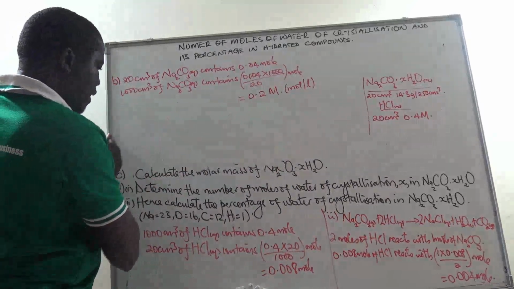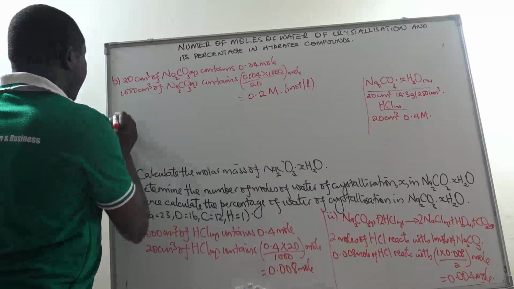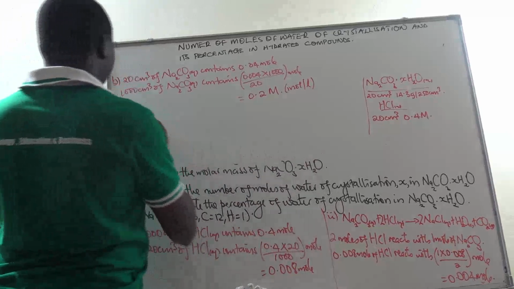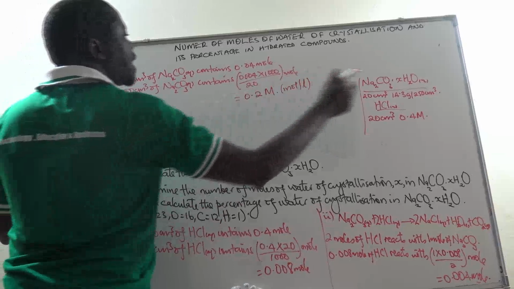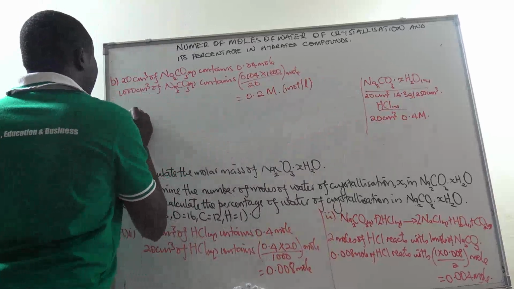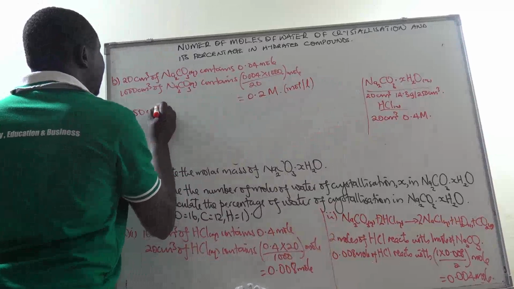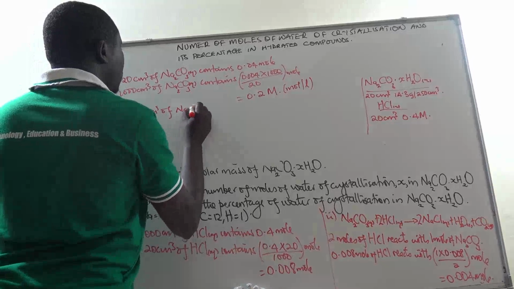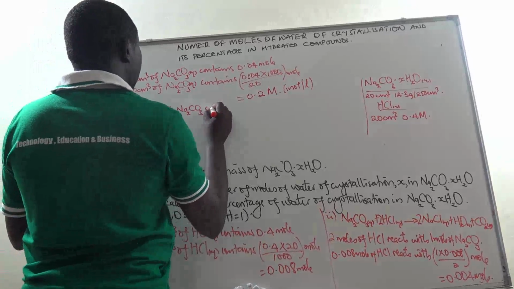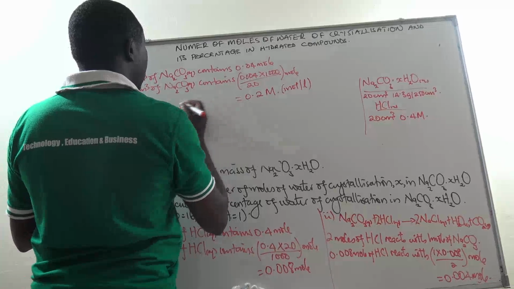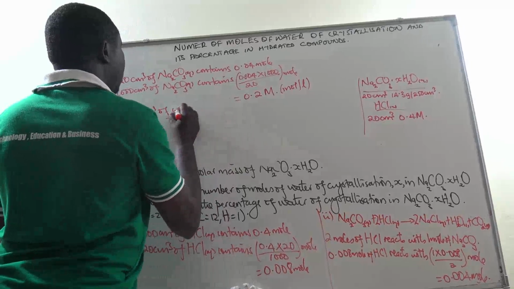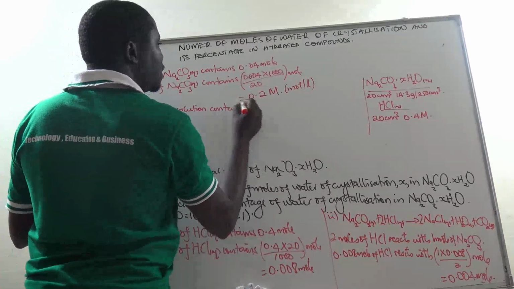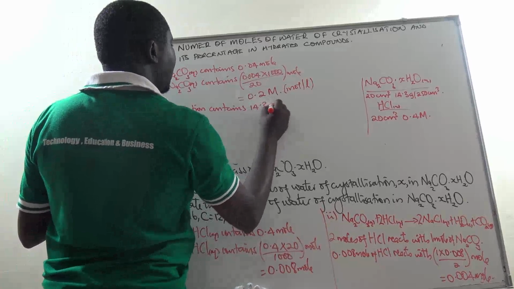And that is in our part, it is in part C. Calculate the molar mass of sodium carbonate x water. So in part C, let us change that mass in 250 cubic centimeters to the mass in 1,000 cubic centimeters by saying 250 cubic centimeters of this solution of sodium carbonate contains a mass of 14.3 grams.